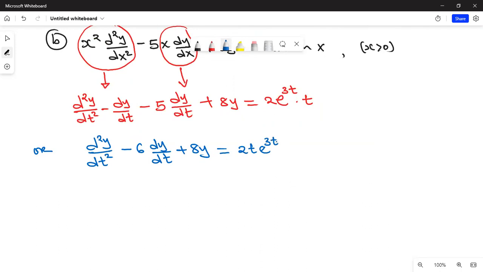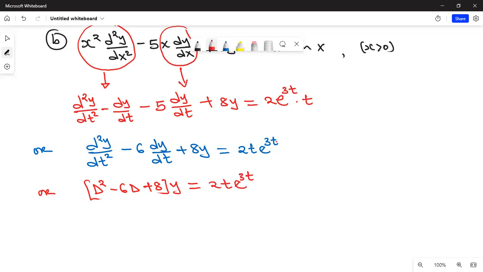Again, a product of an exponential function and a polynomial on the right hand side. Let's write this in terms of the D operator. Already we have defined the D, so you can say, or, D squared minus 6D plus 8 operating on y should give us 2t exponential 3t.